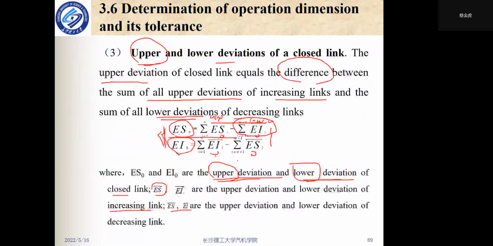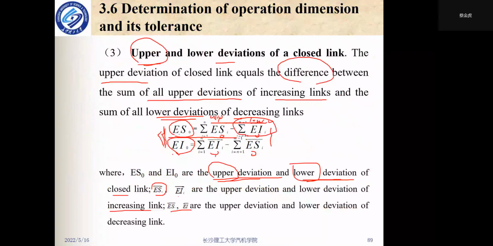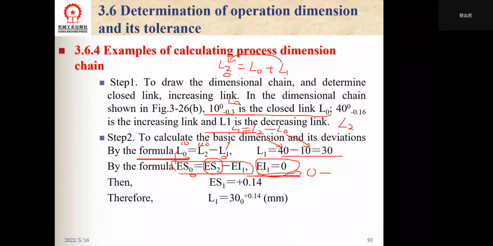If we combine these two equations, we get one equation for the upper deviation of L1, and therefore the deviation of L1 is from 0 up to 0.14.